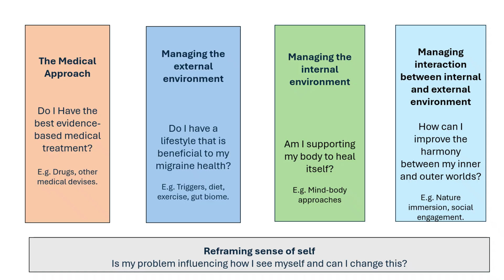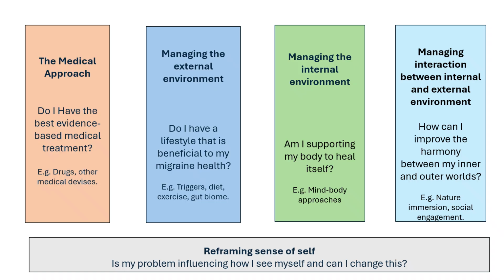We talk about things like nature immersion and the importance of social engagement, but this is all underpinned in an appendix by some quite solid theoretical considerations, underpinned by reframing the sense of self. People with chronic migraine are angry, frustrated, bitter, guilty, and they need to renegotiate who they are.